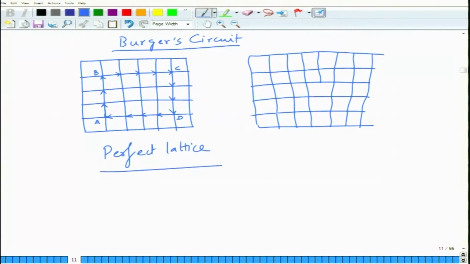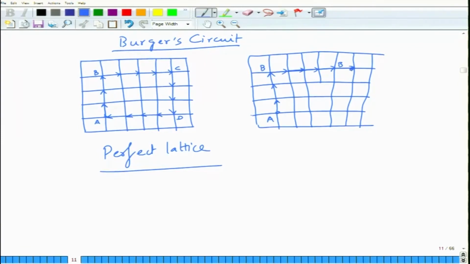In an imperfect lattice, you again start from point A, go one step up, another step, reach point B, then 1 step, 2 steps, 3 steps, 4 steps. This is point B, so you had 4 steps.